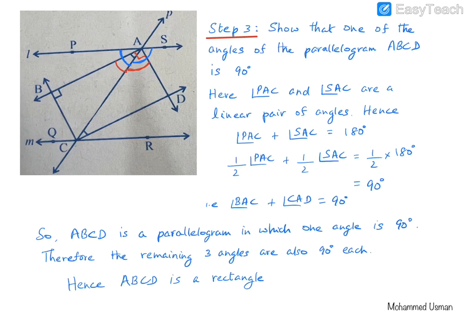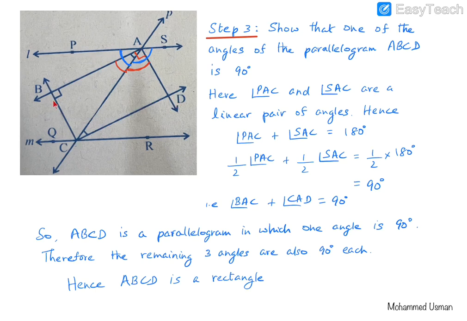So we have proven here that the quadrilateral formed by the bisectors of the interior angles for these two parallel lines intersected by the transversal is indeed a rectangle. Okay, and we did this by breaking the problem into 3 steps. The first step is we proved that the line segments AB and DC are parallel to each other.